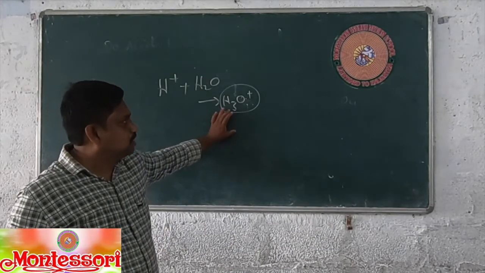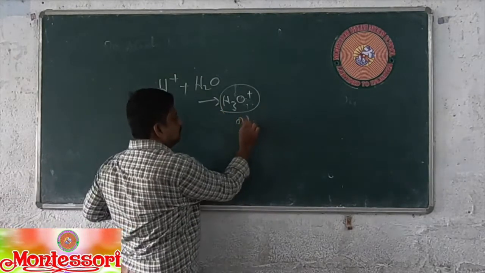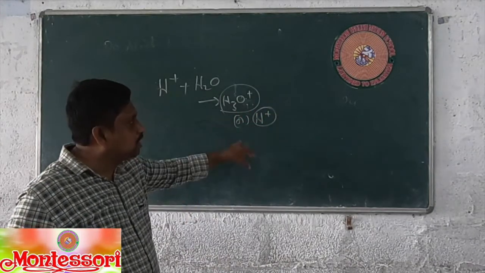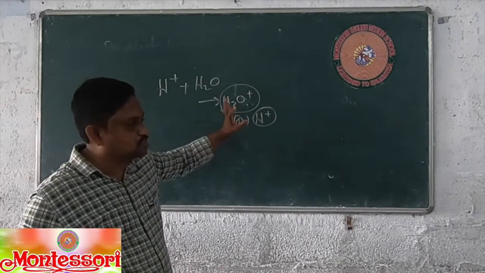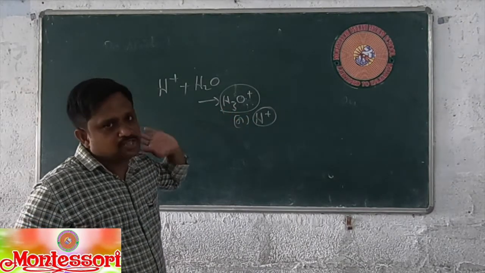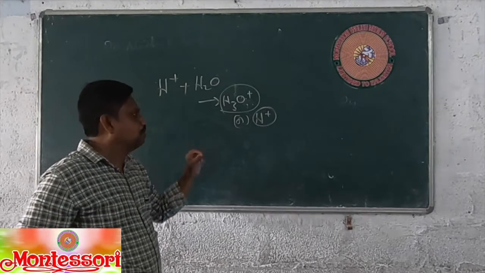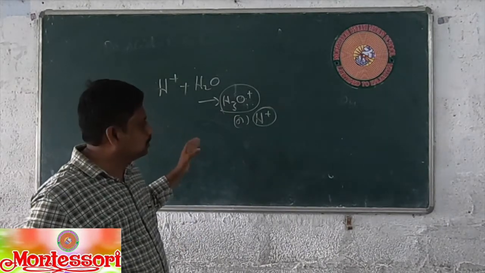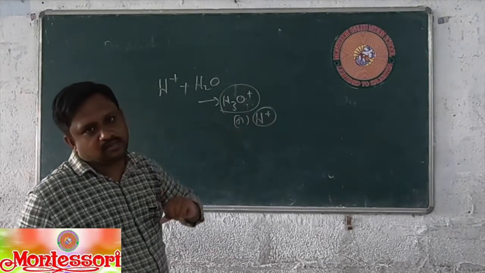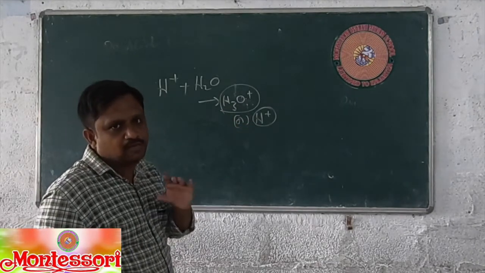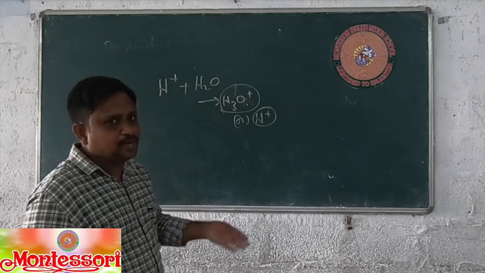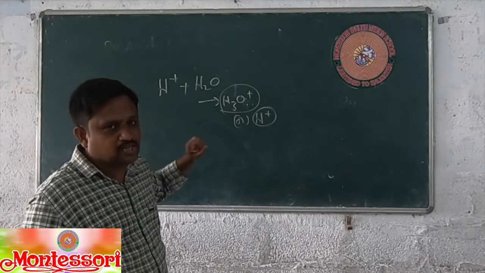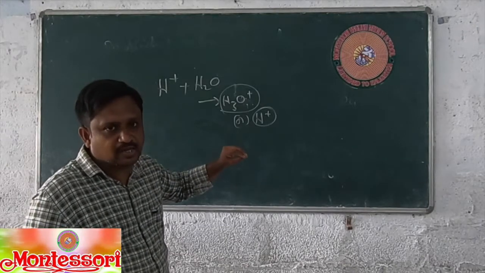So H3O plus ions or H plus ions, both are responsible for the change in litmus paper: blue litmus paper turns to red. So these are called hydronium ions. If you take bases, I asked before what changes occur when bases react with water.